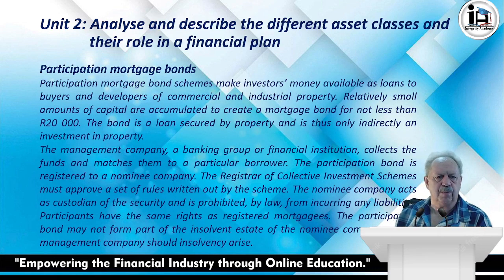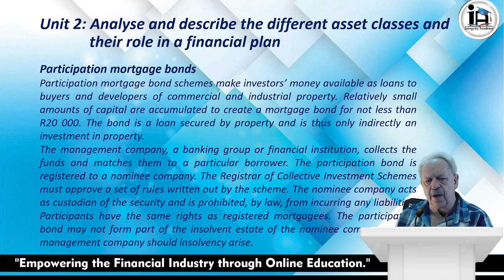But let's have a look at participating mortgage bonds. Participating mortgage bond schemes make investors' money available as loans to buyers and developers of commercial and industrial property. Relatively small amounts of capital are accumulated to create a mortgage bond, not less than 20,000. The bond is a loan secured by a property and is thus only indirectly an investment in the property.